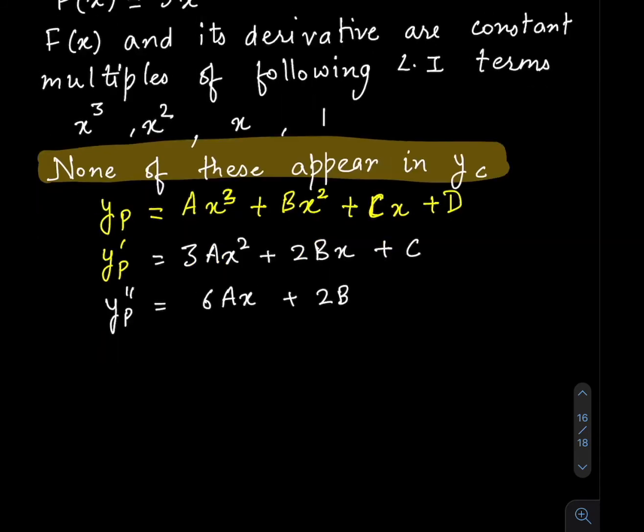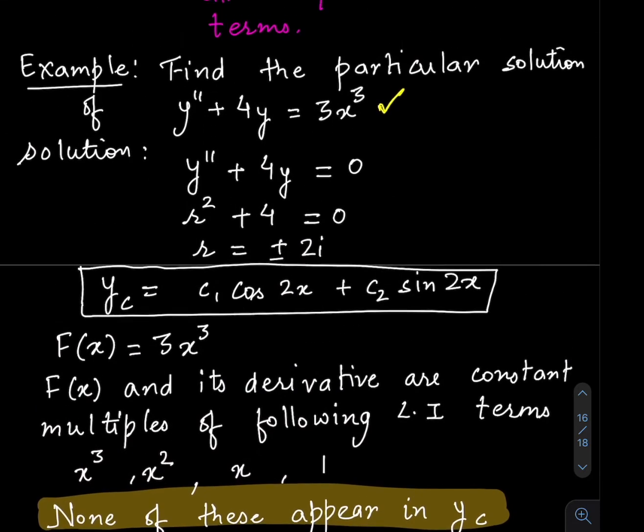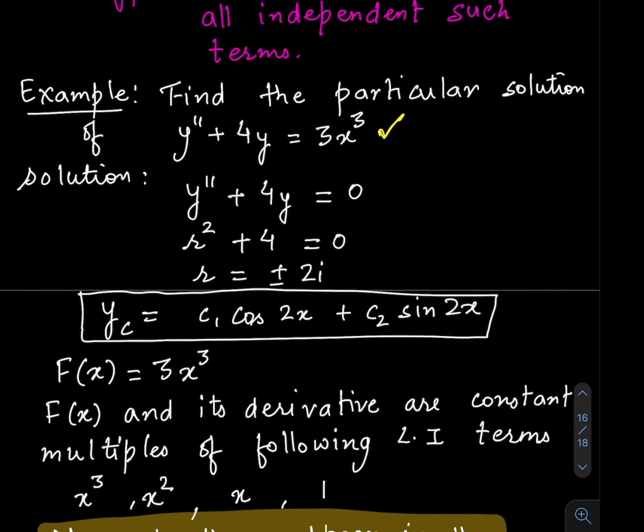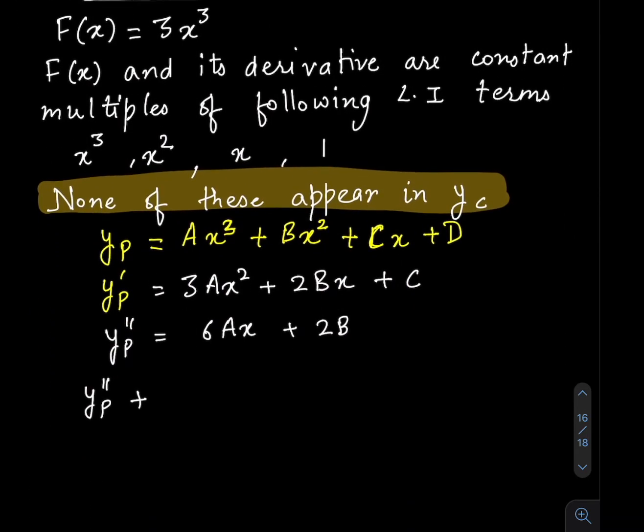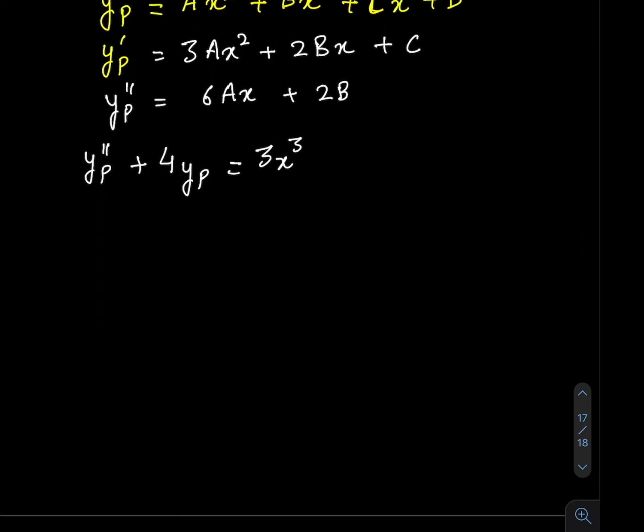Now this should satisfy our equation, which means y_p double prime plus, what was the equation, plus 4y_p should be equal to 3x cube. Let's see.